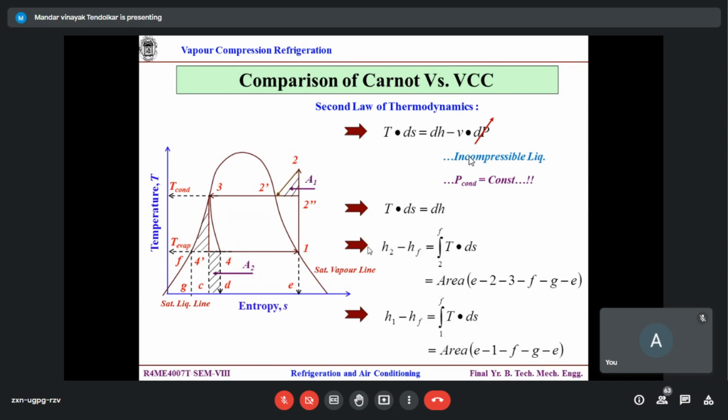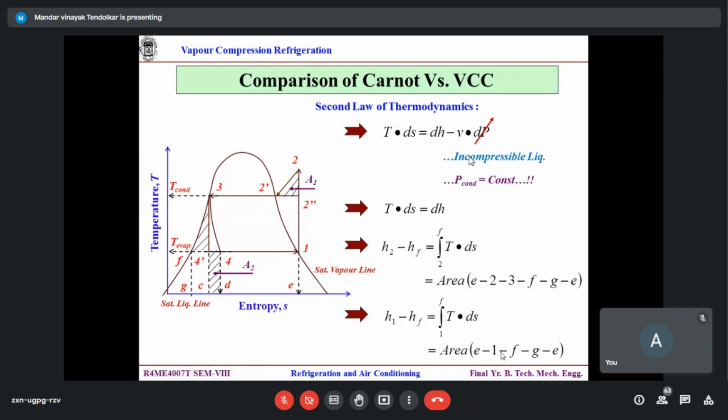So now what remains with me, if I do the subtraction H2 minus HF and H1 minus HF, is this here and here, correct? Do you agree? I will show with the numbers 1, 2, 2 dash, 3, F1.